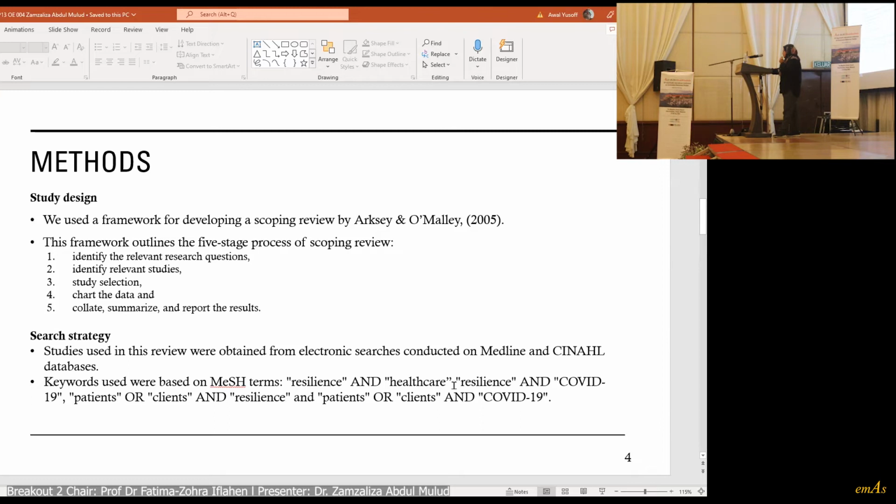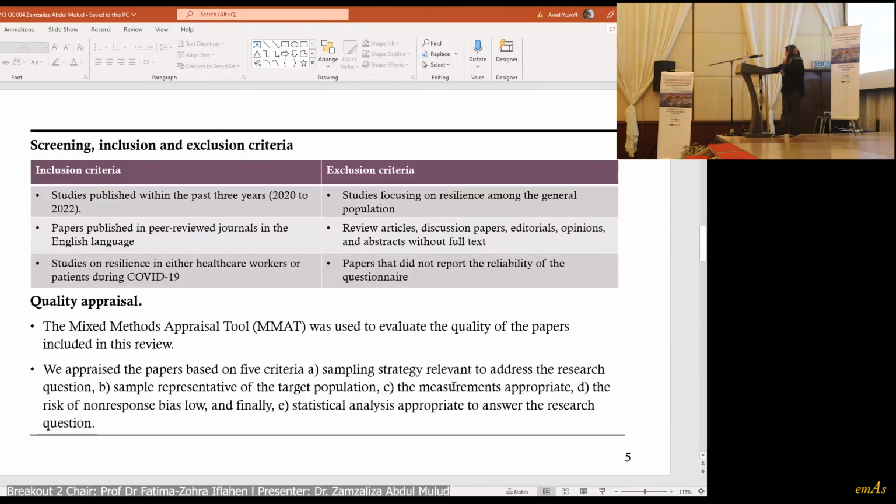For the search strategy, we searched for articles from two databases, Medline and CINAHL. The keywords we used were resilient and healthcare, resilient and COVID-19, patients or client and resilient, and patient or client and COVID-19.